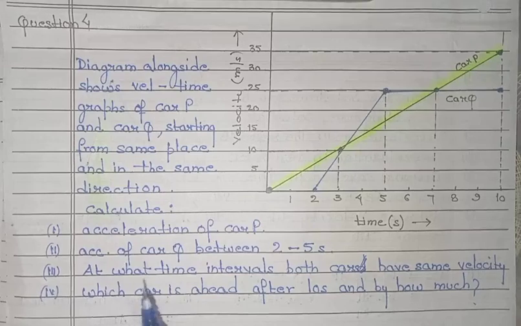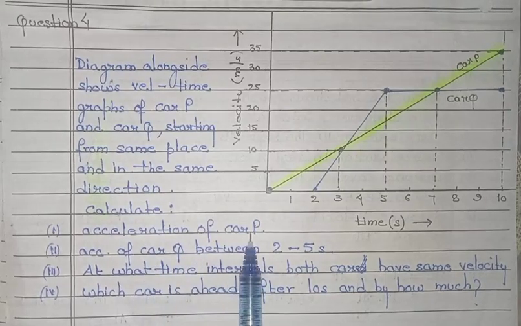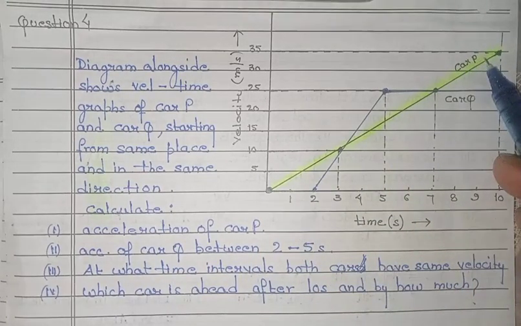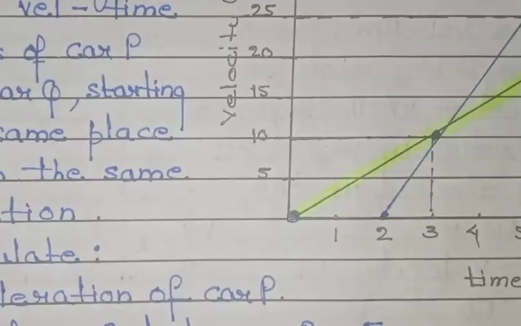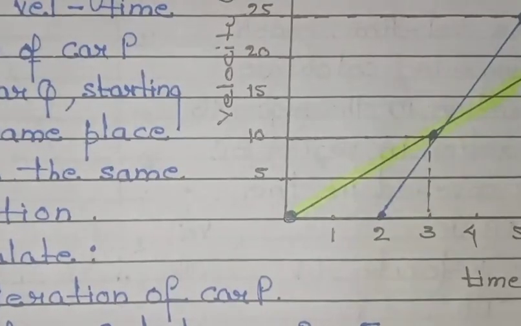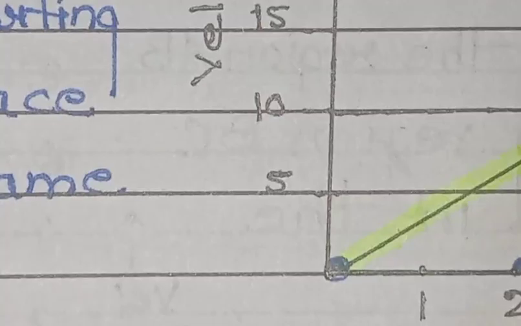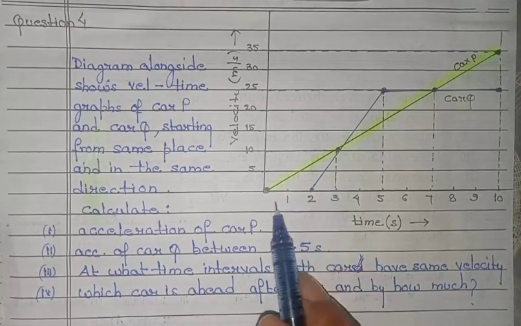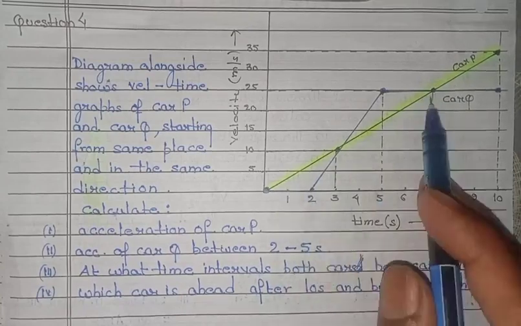The first part says you need to calculate the acceleration of car P. Now when we have to calculate acceleration of car P, we need to calculate the slope of this graph.